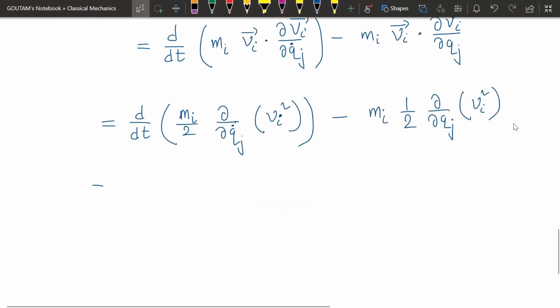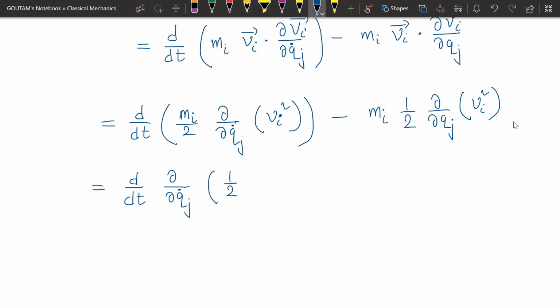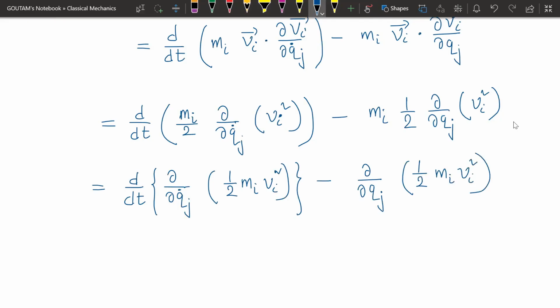As mi is constant, independent of qj dot, qj and time, what we have is d/dt of del qj dot of half mi vi square, minus del qj of half mi vi square.